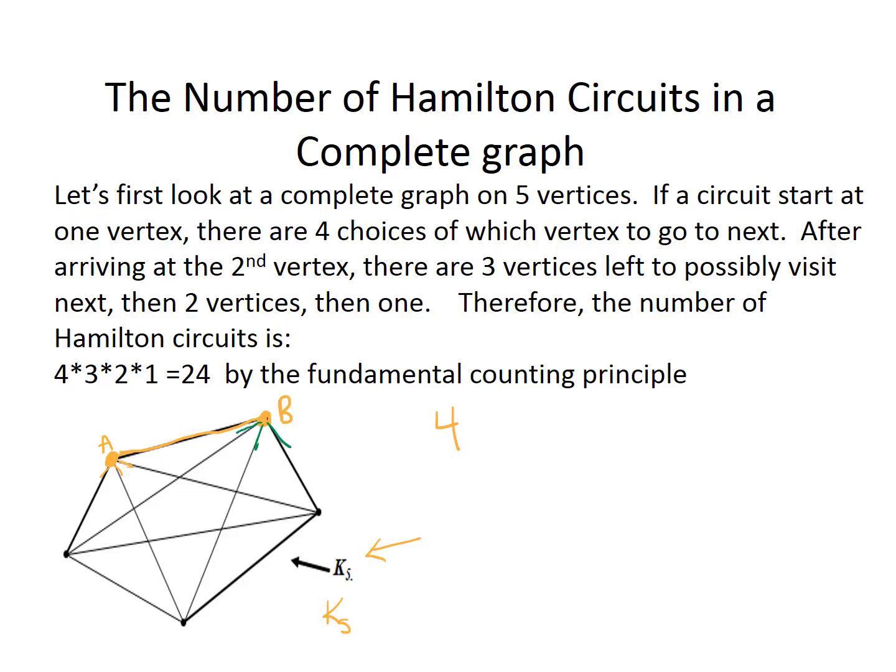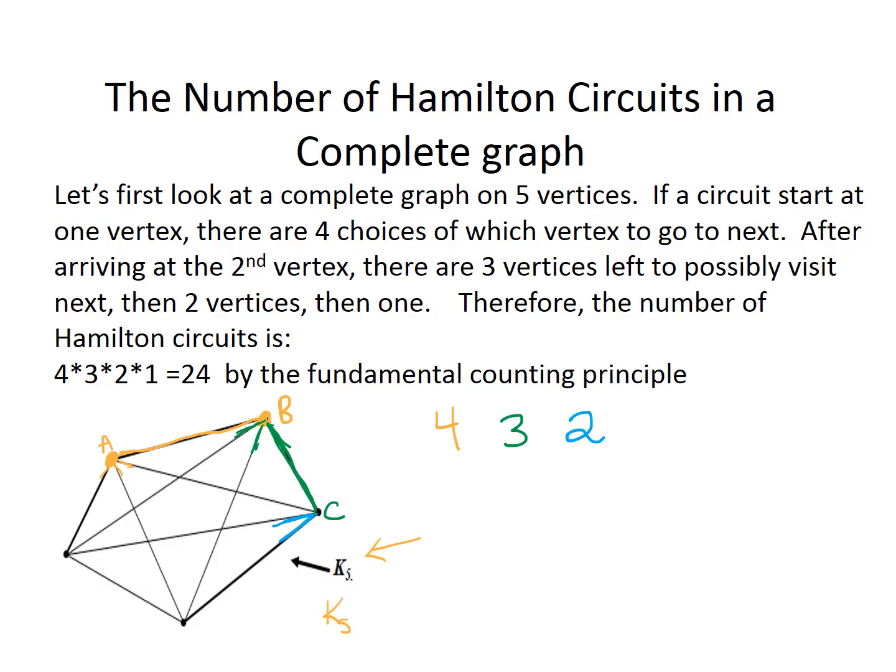I have 3 choices of where to go next. And then suppose I go to this vertex, we'll call that C. Well, I'm not going to go back to B and I'm not going to go back to A, because if I go back to A, I've closed the circuit too early and I haven't hit the other vertices. So I only actually have 2 possibilities of where I could go to next.